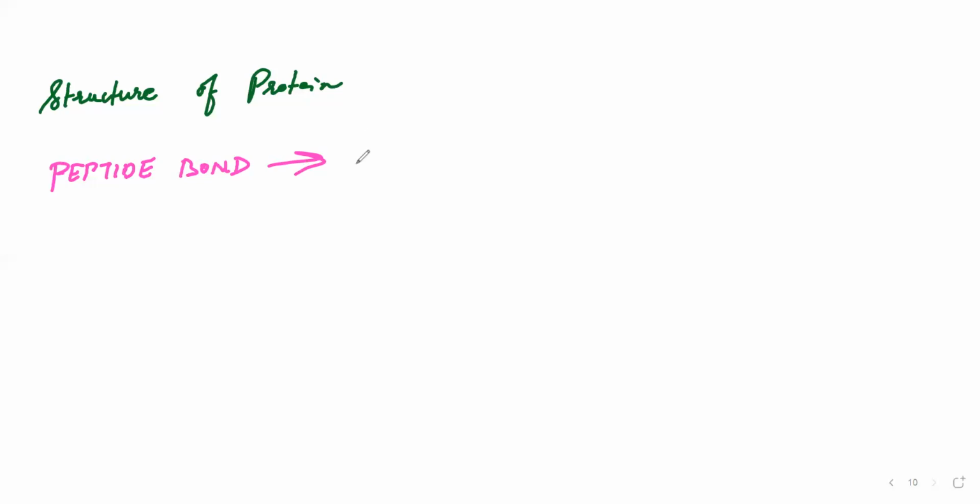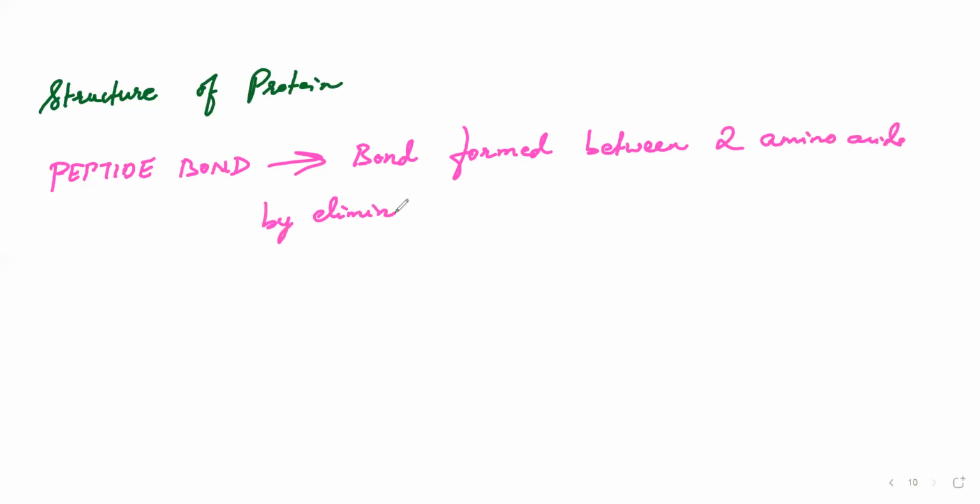Means in short, it is nothing but the bond formed between two amino acids by elimination of water molecule. Okay, so it's represented like this, CONH bond.